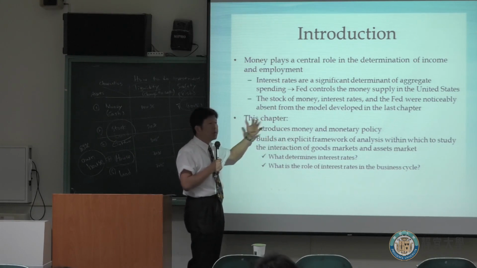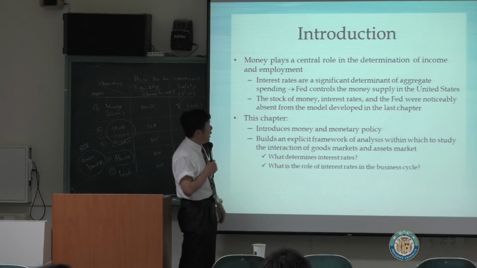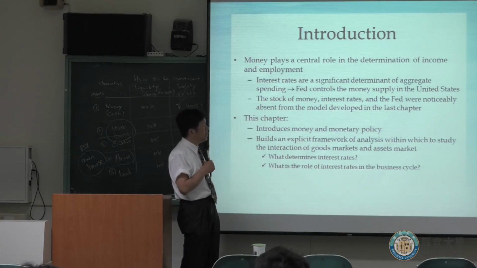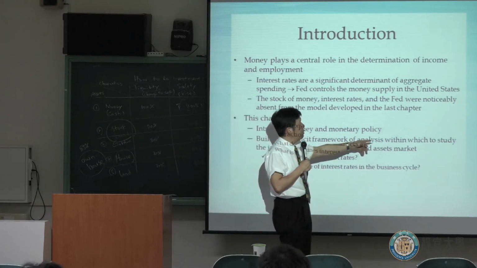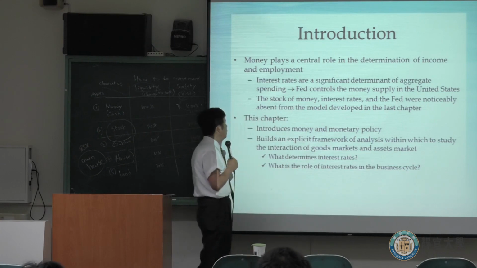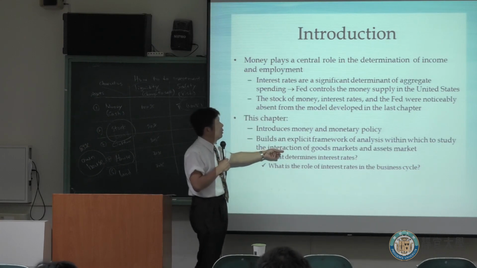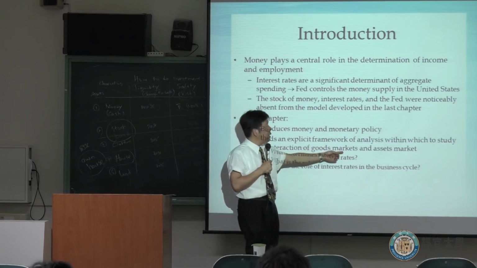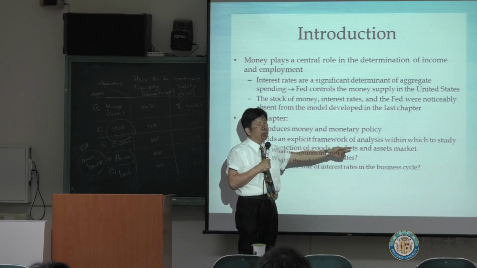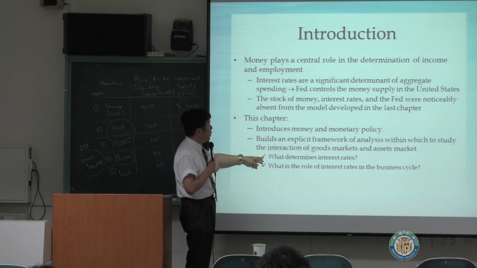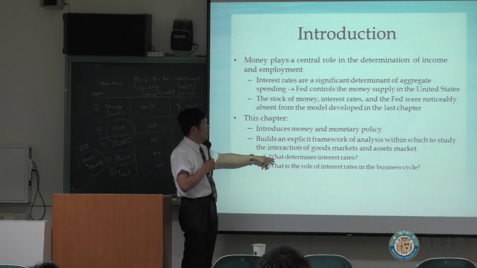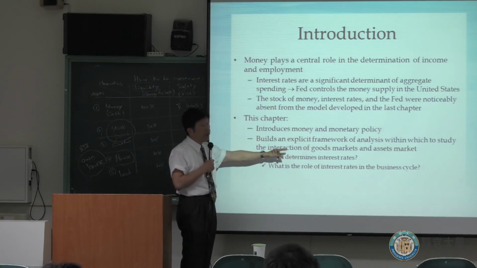We try to use and express the framework of analysis to study the action of the goods market and the asset market. And we want to know what determines the interest rate.